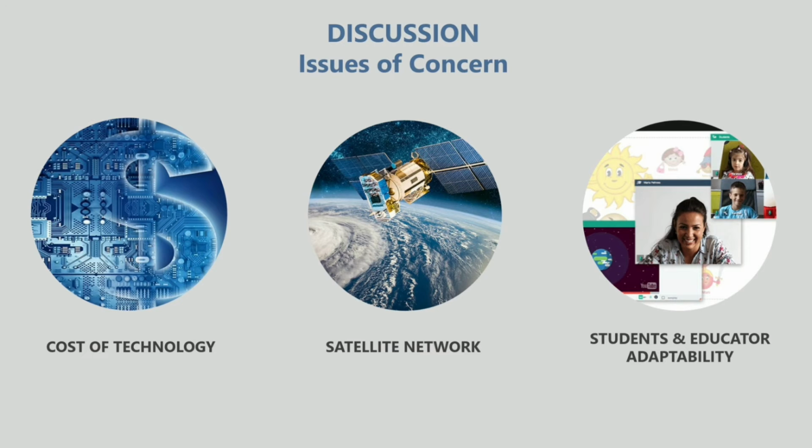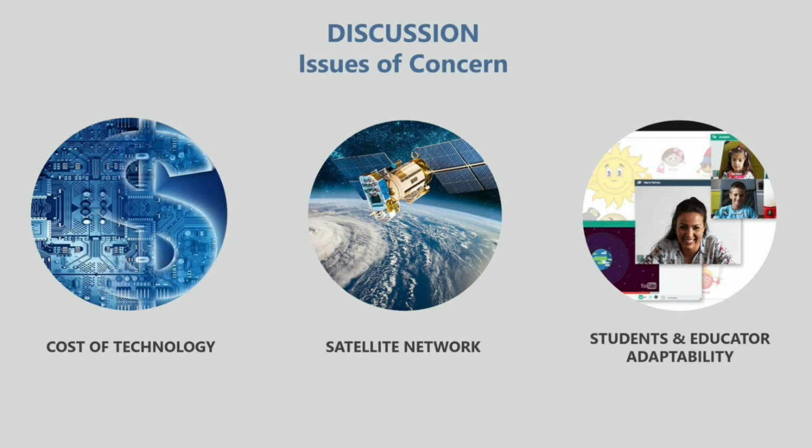The issues of concern for discussion are the cost of technology, satellite network, and students' and teachers' adaptability. Cost of technology refers to making new investments to ensure that good ICT infrastructure is set up for online learning. This investment includes purchase of devices, bandwidth charges, and training costs.